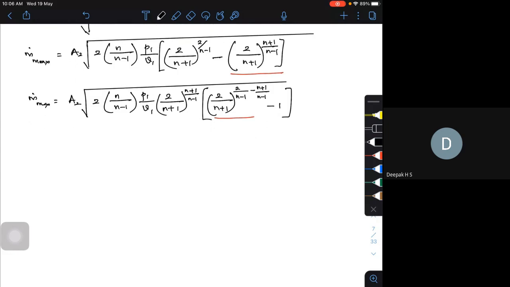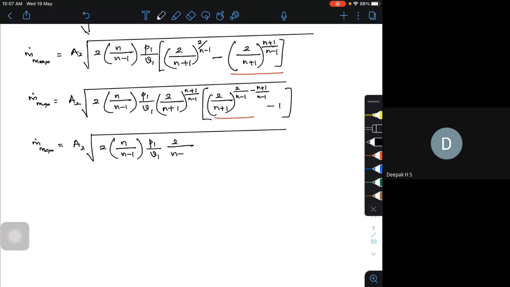Or I can write the mass flow rate m dot max as A2 into the square root of 2n/(n-1) into P1/V1, (2/(n+1))^((n+1)/(n-1)), open the bracket, this will be (2/(n+1))^((1-n)/(n-1)) minus 1.